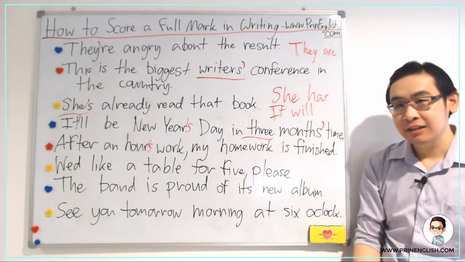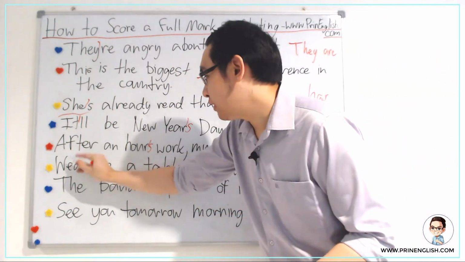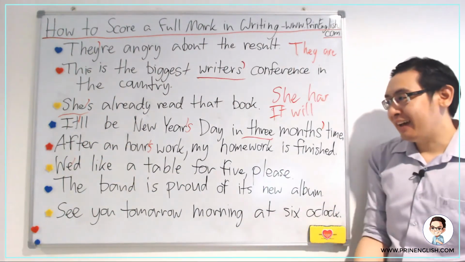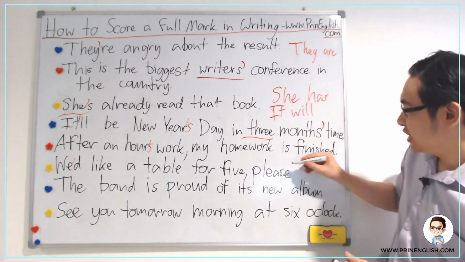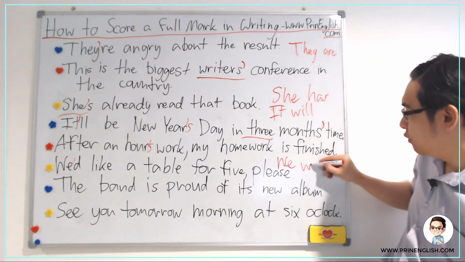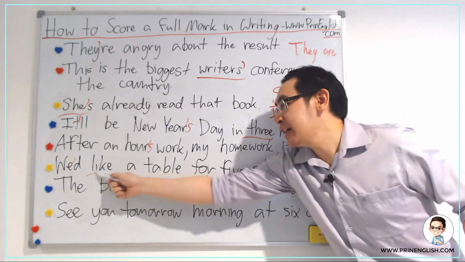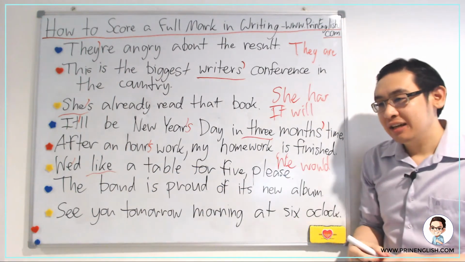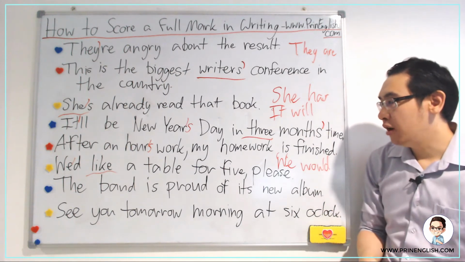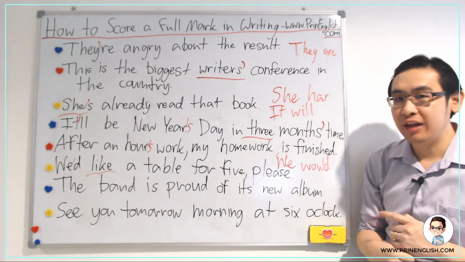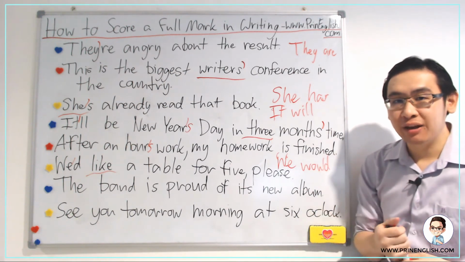Now the next one, the yellow star. We'd like a table for 5 please. Of course we put it here, right? We can't just begin the sentence with "like" like that, okay? We'd like, which is a contracted form of we would, so we would like. Of course, we would like is a common form of words we use to show that we want something. It's a nicer way of saying we want, right?